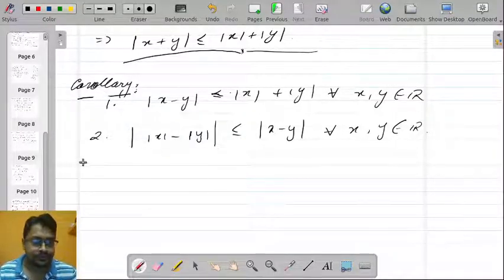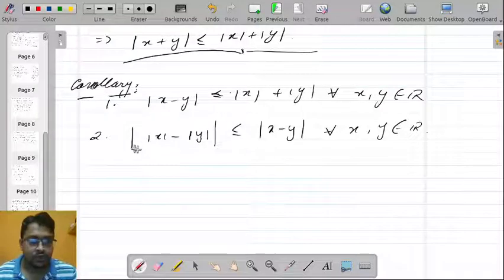Not equivalently, it means there are two parts actually. Mod x minus mod y is less than or equal to mod of x minus y, as well as mod y minus mod x is also less than or equal to mod of x minus y. Okay, so we'll write it.